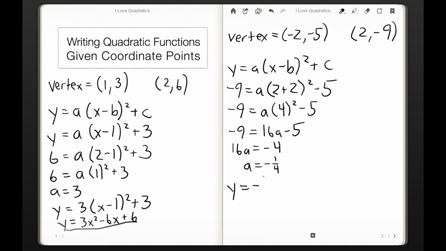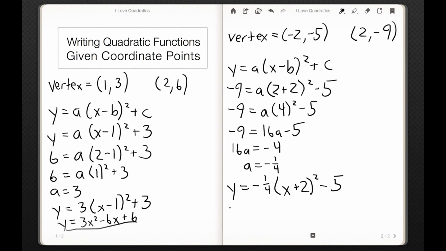Substitute that in. So we're taking this equation and substituting in for a, b, and c. And we have b is -2, but since it's minus -2, it's plus 2, squared, minus 5.